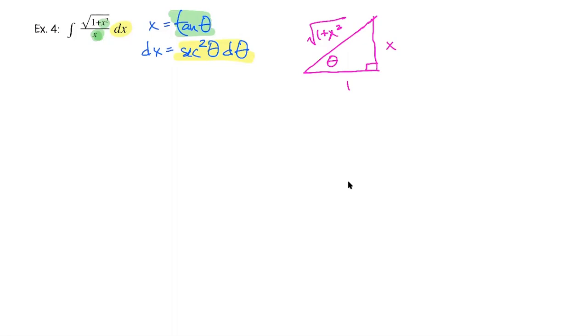Now that pink triangle looks like we've got our x as our opposite, 1 as our adjacent, and then we're able to find that square root of 1 plus x squared as the hypotenuse. Are there any questions about the setup here?